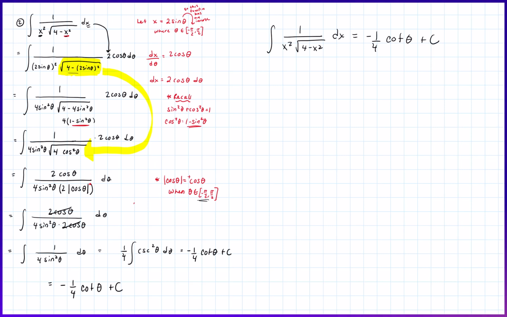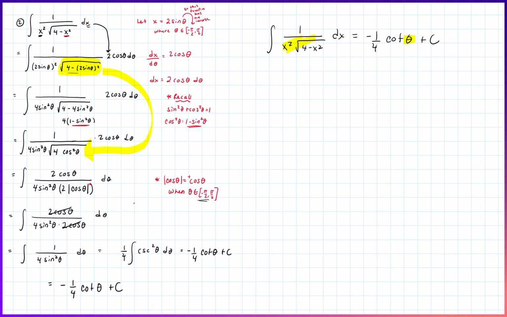We've got the integral of the function we started with, 1 over x squared times the square root of 4 minus x squared. That integral becomes negative 1/4 cotangent of theta. The problem is we have a theta and we need it to be in terms of x.